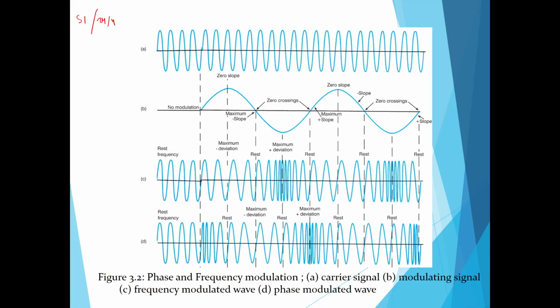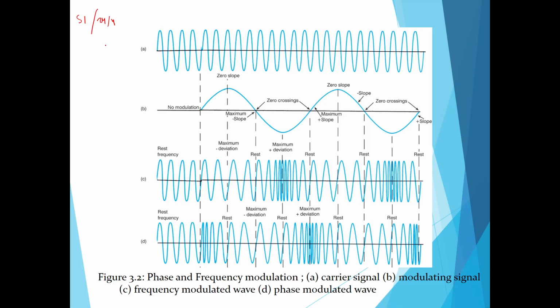Originally it's difficult for us to differentiate whether this is FM or PM, because both of them look alike. In order to differentiate FM and PM waveforms, we need a reference wave. We need to compare side by side with the carrier signal and also the modulating signal.